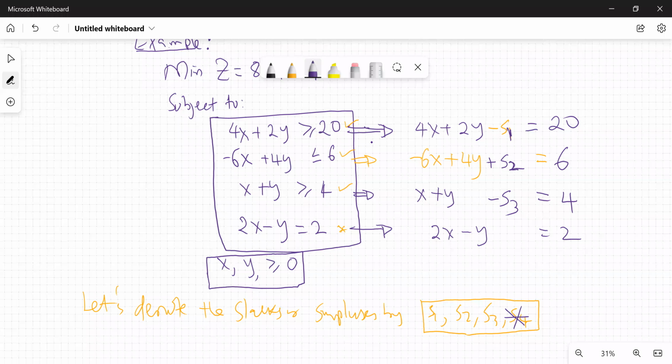When you look at that, you see here we have taken away something, and also here. But in this second case, we have added. So between S1, S2, and S3, which ones are slack variables and which ones are surplus variables, based on what we have discussed?